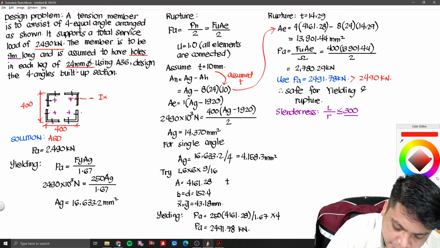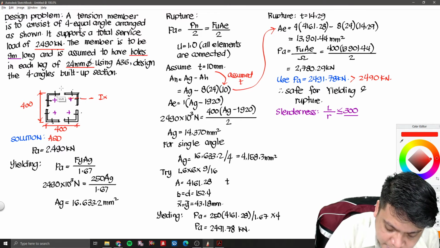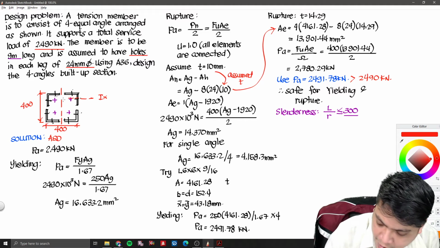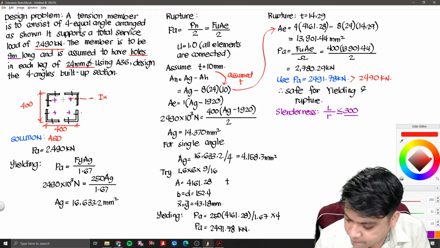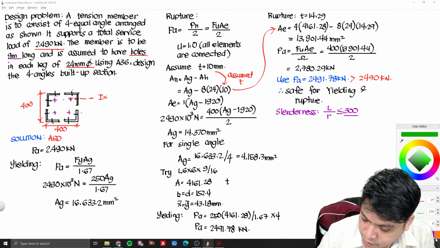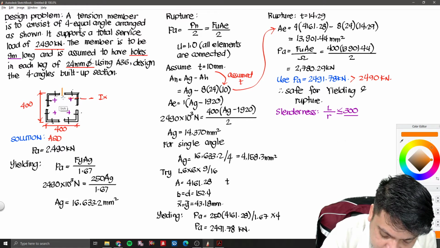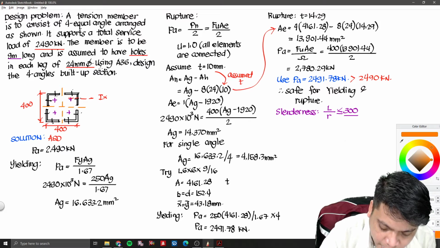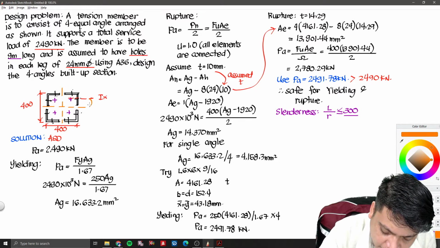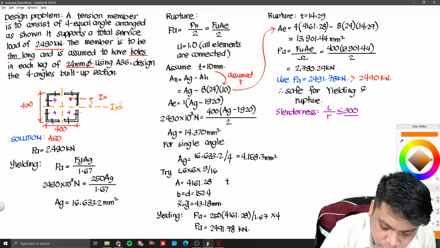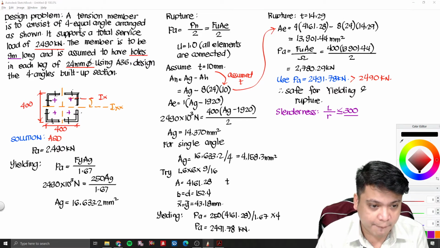But since it became a built-up section, the centroid moved to here. So your IX, you will transfer it there. This is now what we are looking for, that would be your IXX for the built-up.